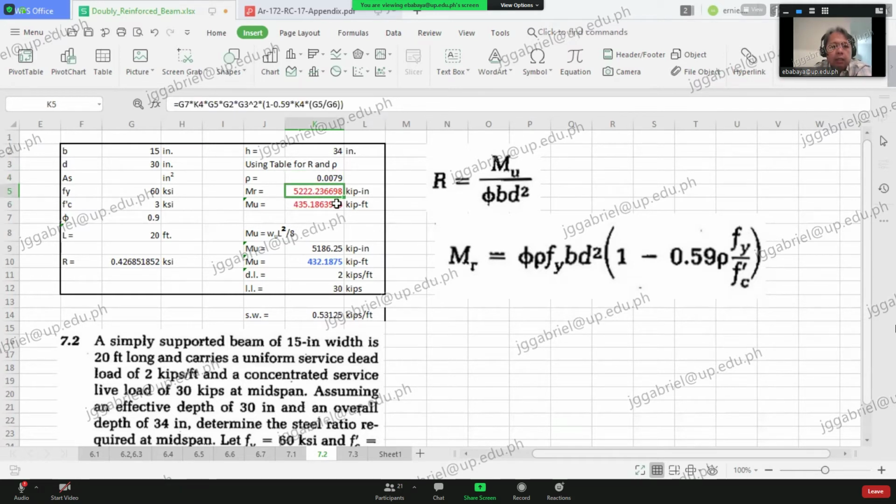And then we try getting the MR. Having that MR, our data is complete. We get 5,222.23. Now divide that by 12, you get 435. Now this 435 satisfies this, or it's greater than 432.1875, which is the required moment.